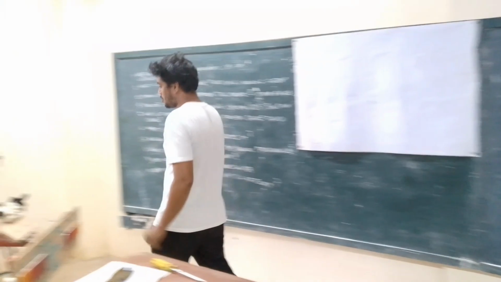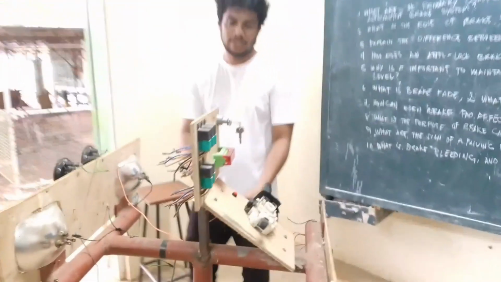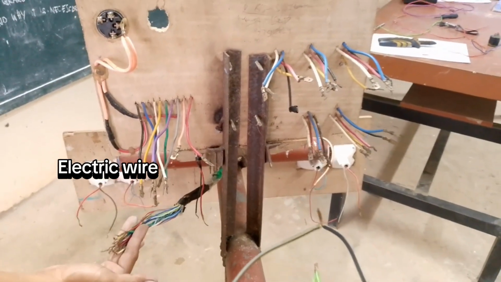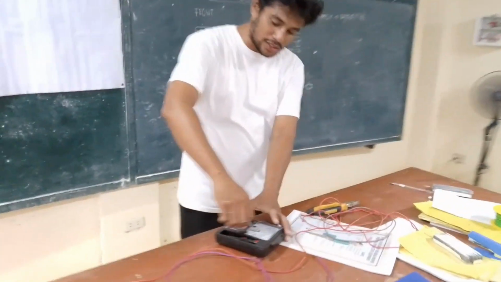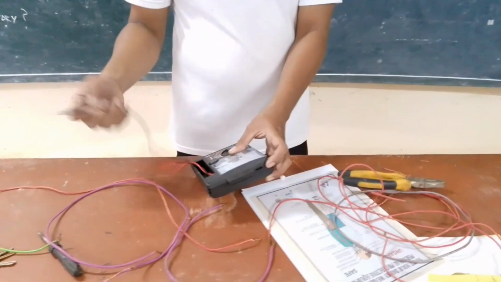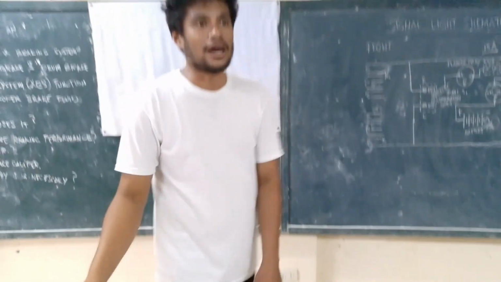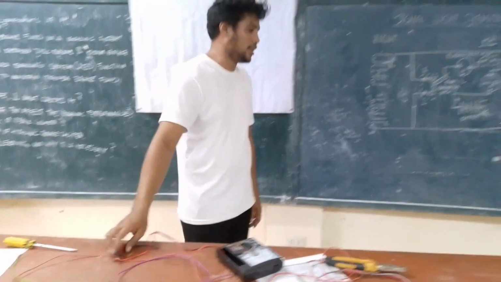In our combination switch, these are the different wires that we need to test. In testing the connections in our signal light switch, we need to find the continuity. What is continuity?